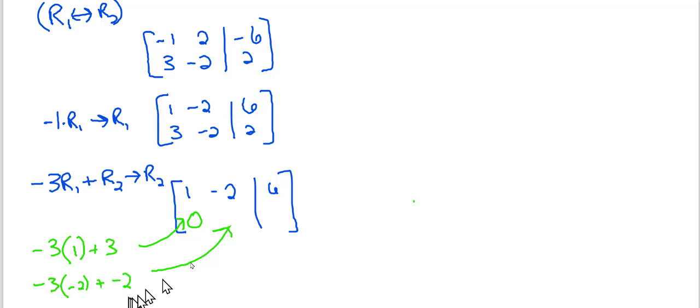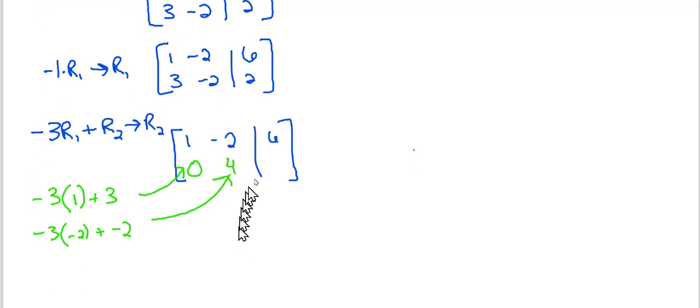That is 6 minus 2, or 4. Then for this spot, I'm going to do -3 times my row 1 entry is 6 plus 2. -18 plus 2 is -16.